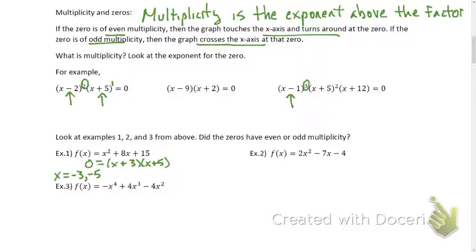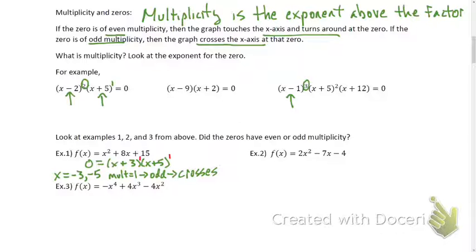Since the exponent above each parenthesis is a 1, it's not written, but it's there, right there and there. We know that the multiplicity of both of those is 1, which is an odd number, which means the graph crosses.